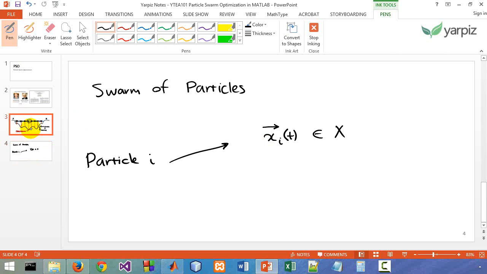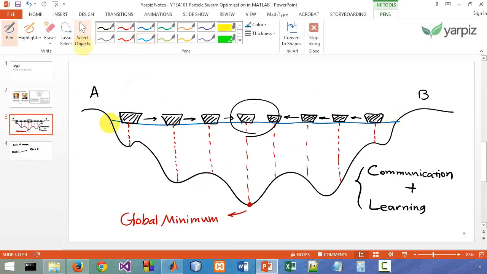For example, in the example of Alice and Bob, the position is a value between 0 and 1. And the search space is the set of all real numbers from 0 to 1. And on each time step, the position of Alice and Bob is a real valued number between 0 and 1. And because the search space is one-dimensional, it's a scalar.